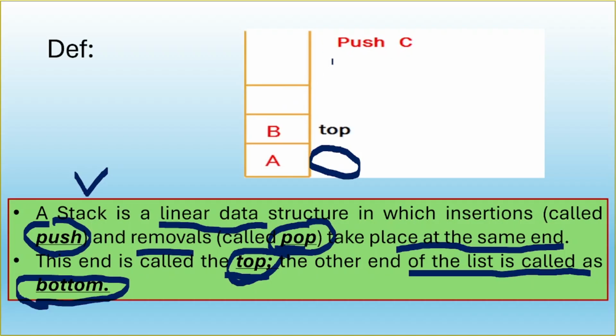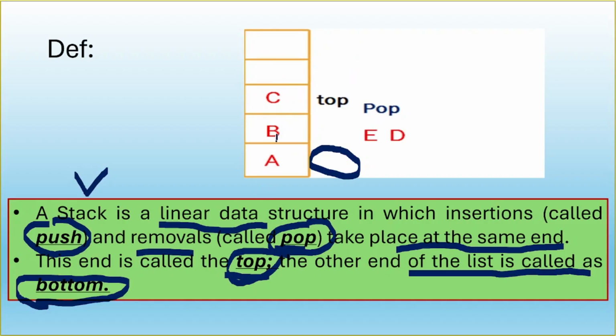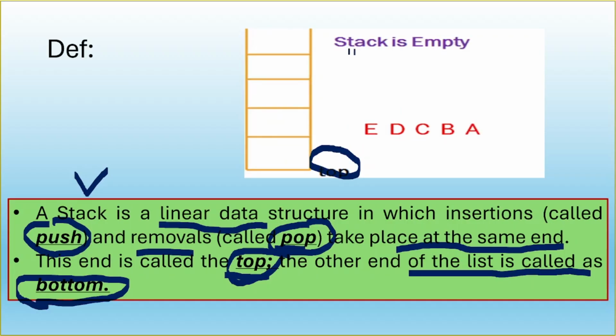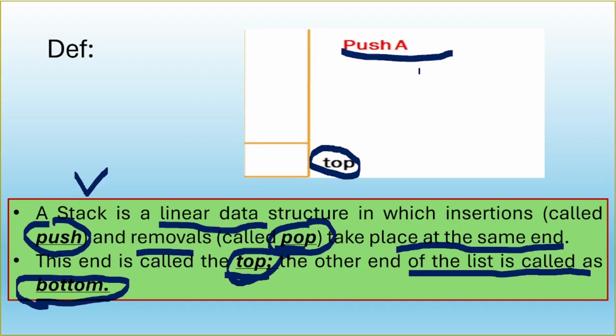Now when we perform the pop operation, that is nothing but removing an element from the stack, right? So when the stack is empty and we try to perform the pop operation, it gives the message that the stack is empty. Is this clear? Okay, fine.